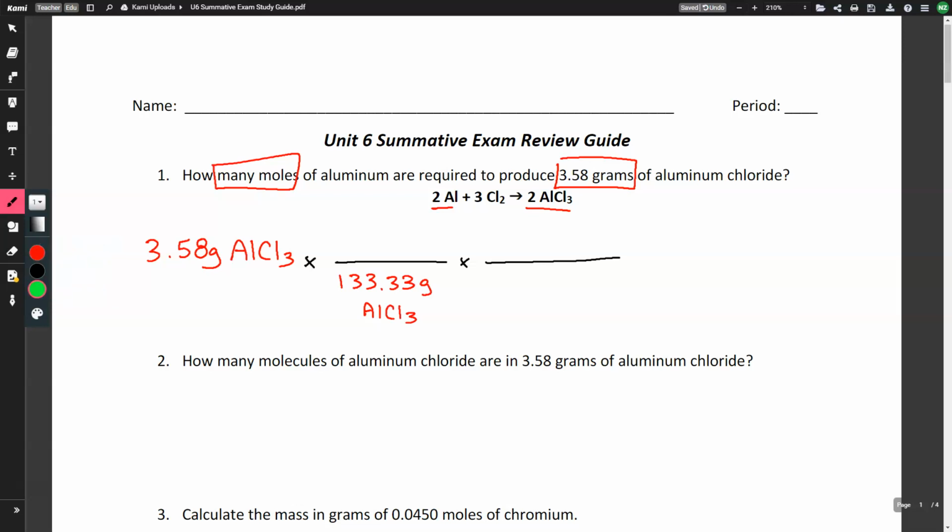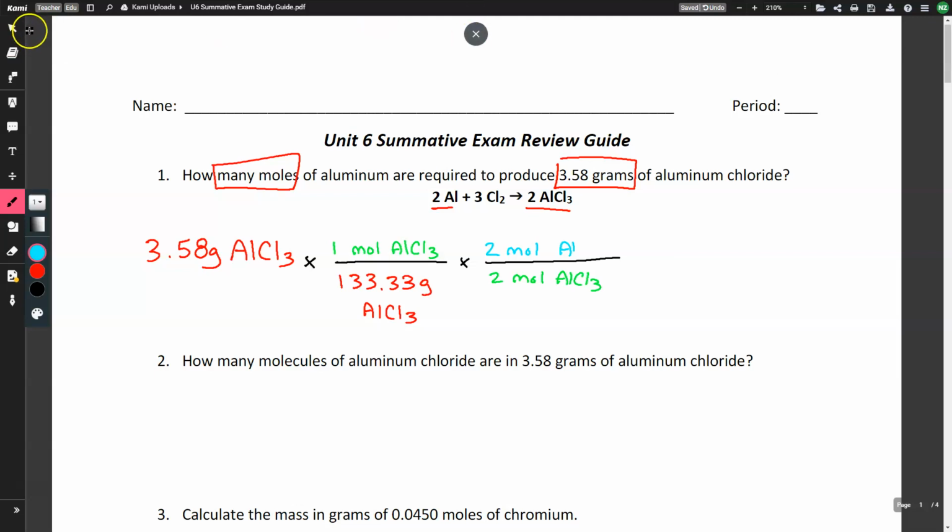That's how many grams are in 1 mole of aluminum chloride. And then our ratio from aluminum chloride to aluminum is 2 to 2. So for every 2 moles of aluminum chloride, we have 2 moles of aluminum.